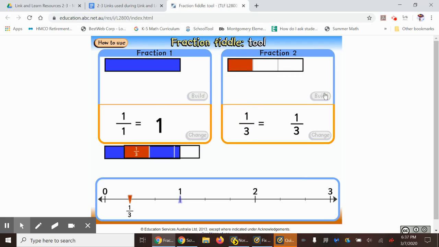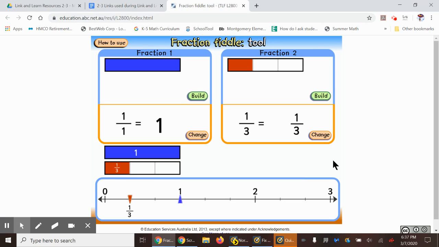I can bring down this third instead, and I can now take a look at how 1/3 would be defined as far as a fraction bar goes. It's created 3 equal parts for me. All 3 equal parts would be equivalent to one whole, but when it's 1/3, it's shaded.